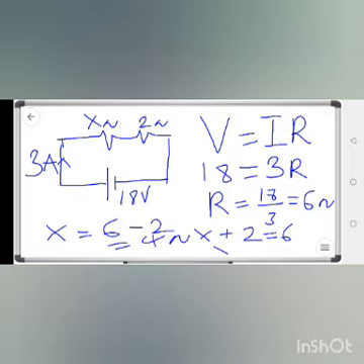I believe that is simple enough. Very, very simple. Alright guys, I will redraw the circuit and I will show you how to get the value of X using the concept of voltage drop. You can go over the video again until this concept is very clear. So I will quickly redraw so I can show you how to get the value of X using the concept of voltage drop.